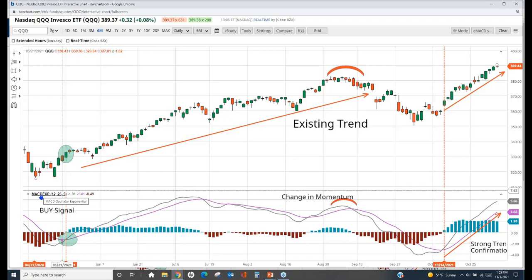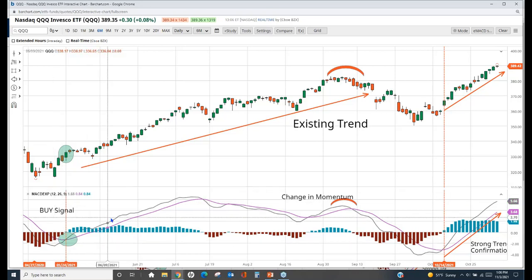Now, the MACD typically consists of a 26 period EMA that is subtracted from a 12 period EMA. Now, this value is called the MACD line, and that is what is represented here by this gray line. That's the difference between our 12 and our 26 EMA moving averages.